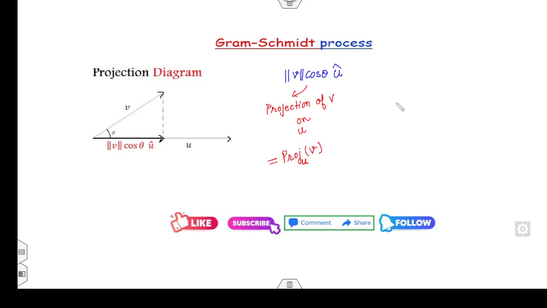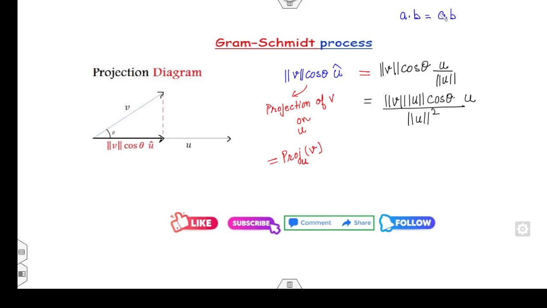Fine. Now if you simplify it a little bit, how can you write that? It's norm of v cos theta. What is the unit vector? I can write it as u divided by norm of u. Fine. Because the norm of u is non-zero, I can multiply and divide by norm of u, giving u divided by norm of u squared. Now you can see the numerator becomes u dot v, which in vector form is length of u, length of v, cos theta.